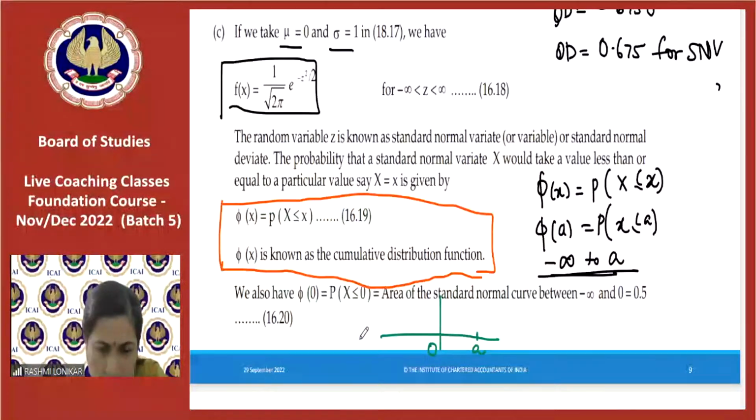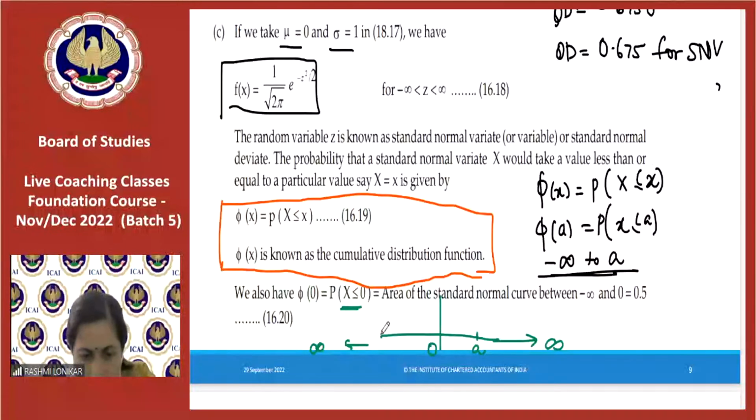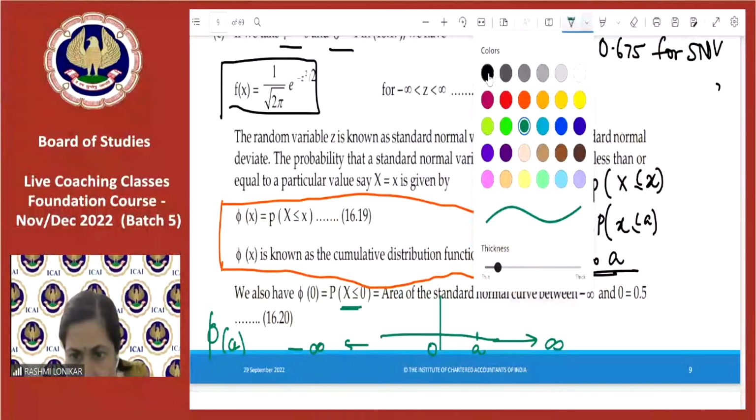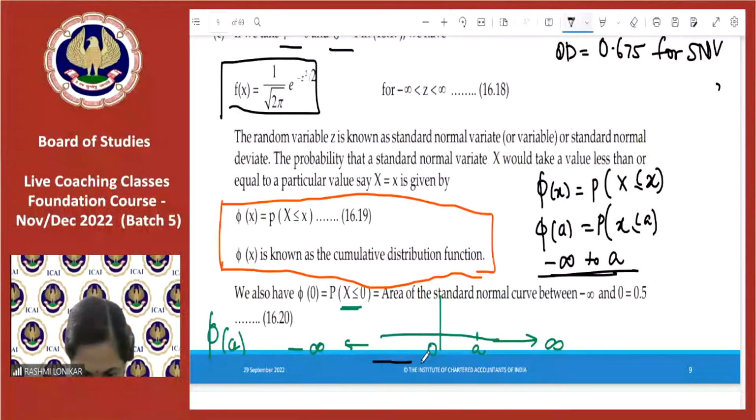Here, where are we going? Minus infinity in this direction, and towards plus infinity in the other. Here we have phi of a, so that means from minus infinity I am reaching a.